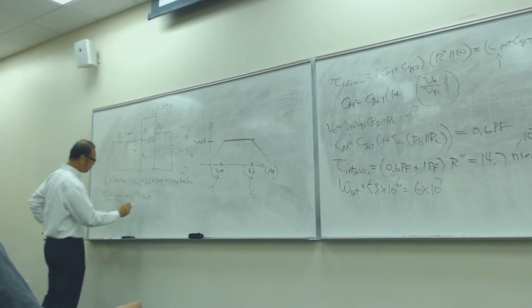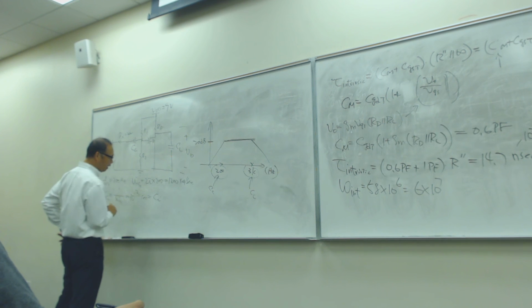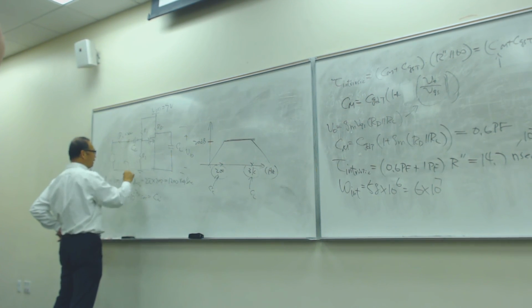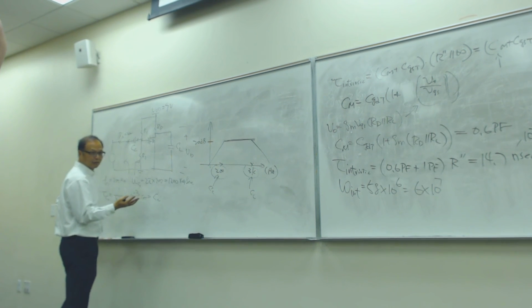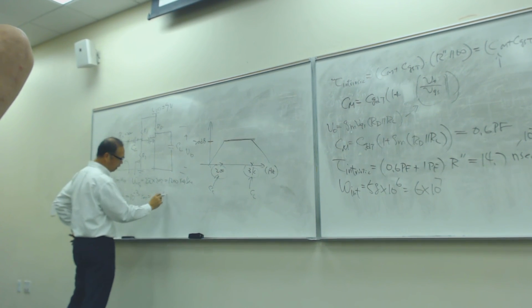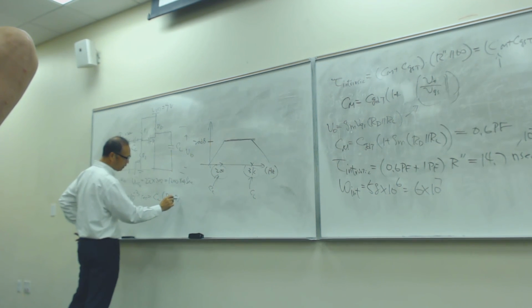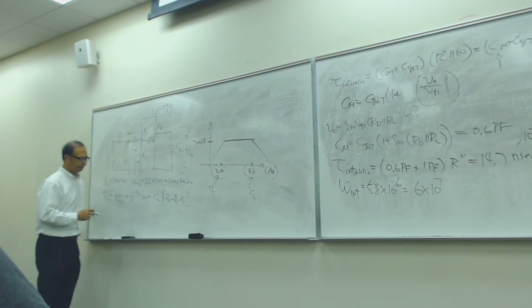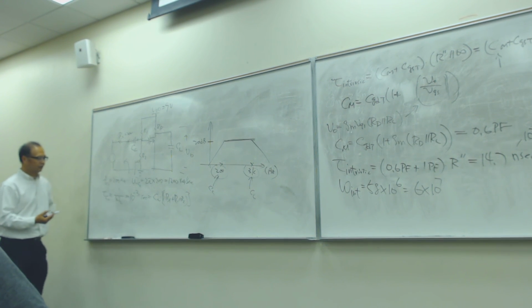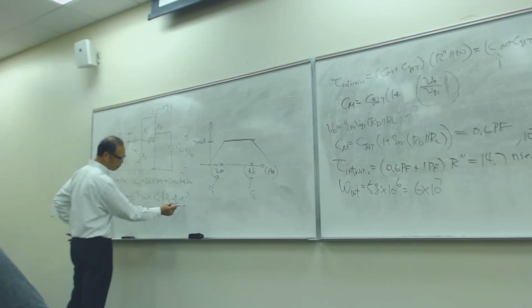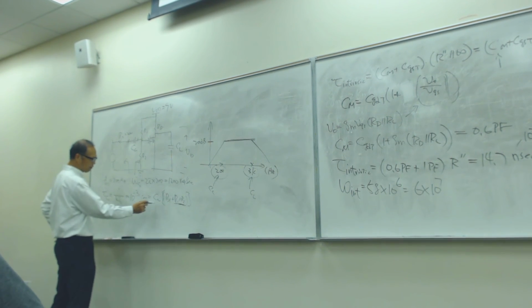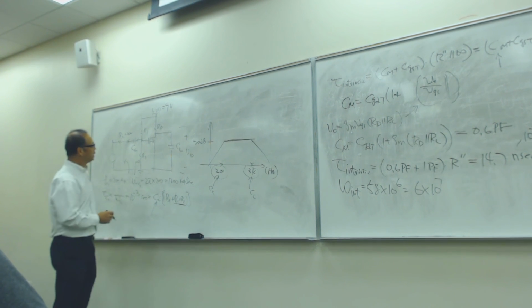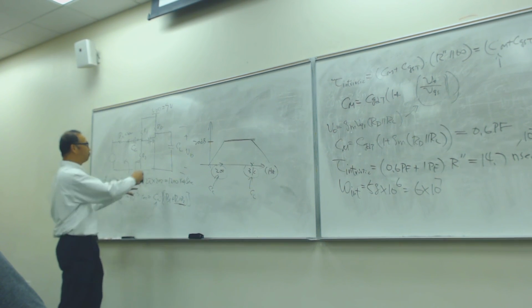And this is equal to C sub C times R1 in parallel with R2. Now, this is supposed to be given, so therefore you can find C sub C. For C sub L, you have to put a test voltage.